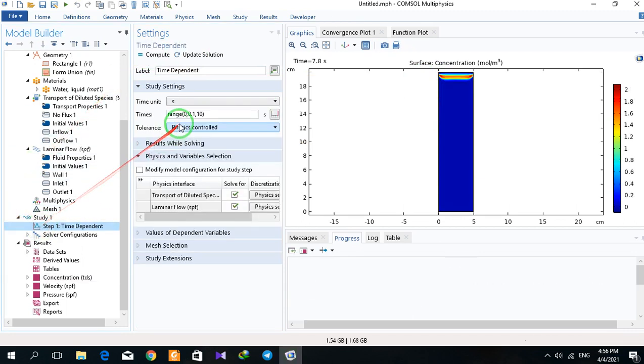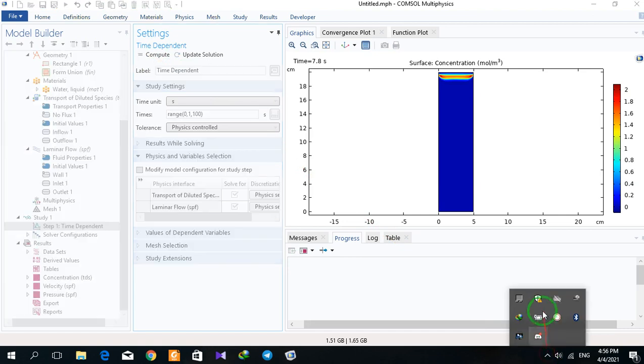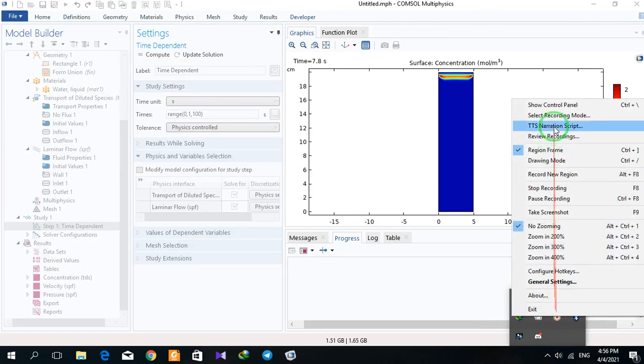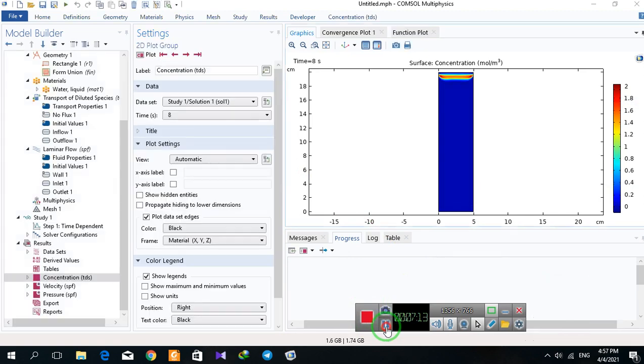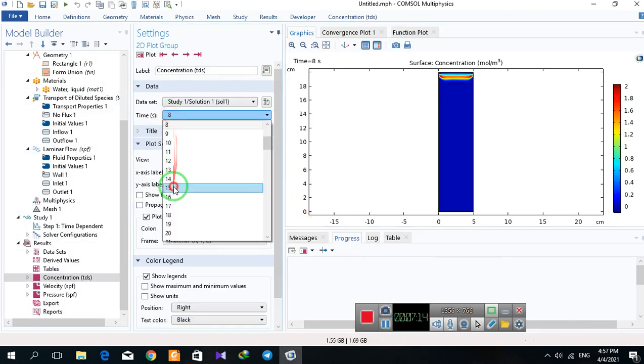I can increase the interval to 1 second, and that one to 100, for example. So we can see the results for different times.